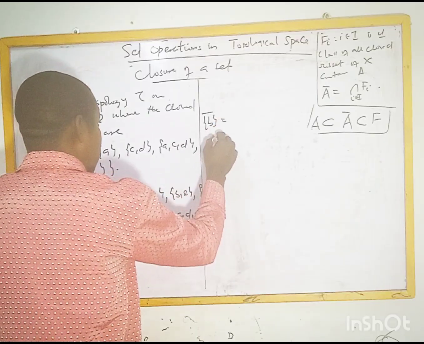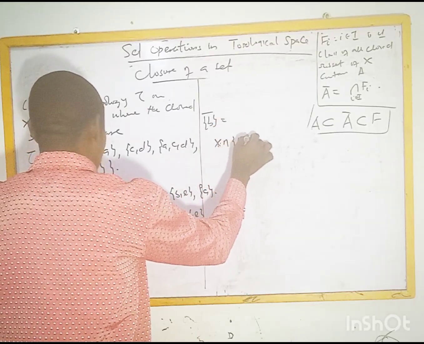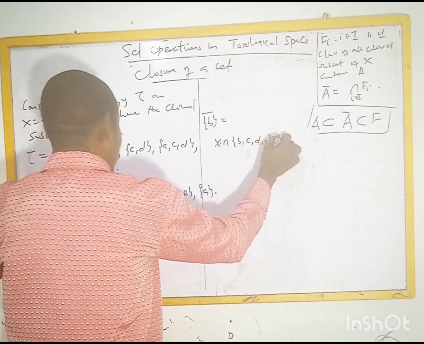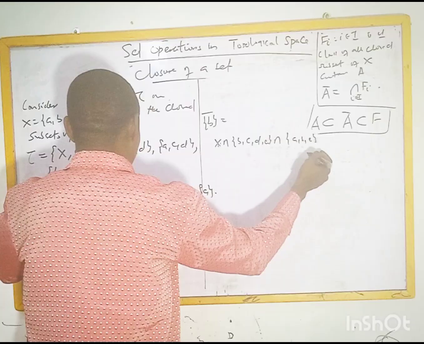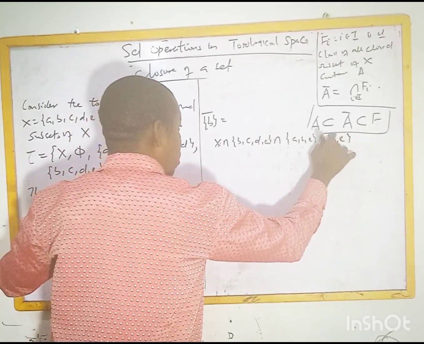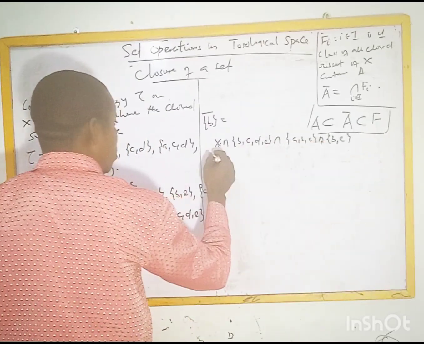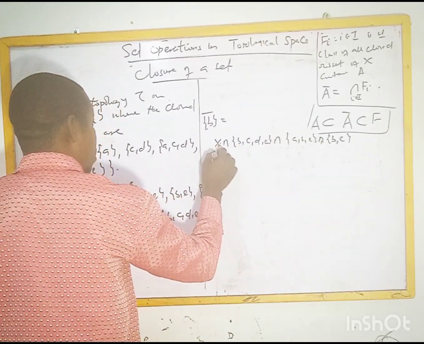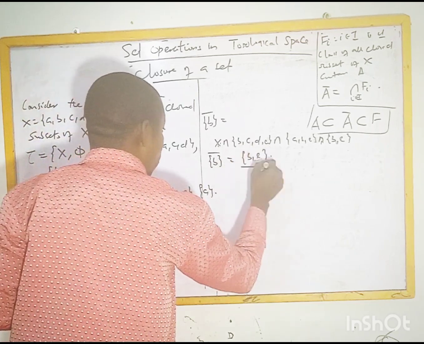We have X intersection B, C, D, E, intersection A, B, E, then intersection B, E. When we intersect all of these, the closure of B gives us B, E, since that is contained in all of them. So we have B, E there.